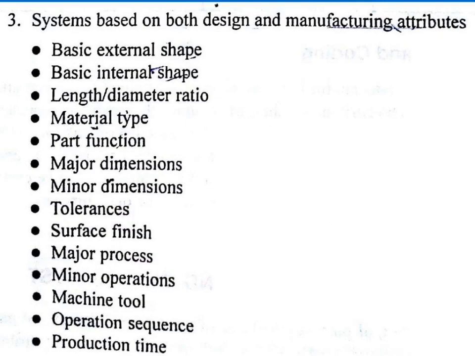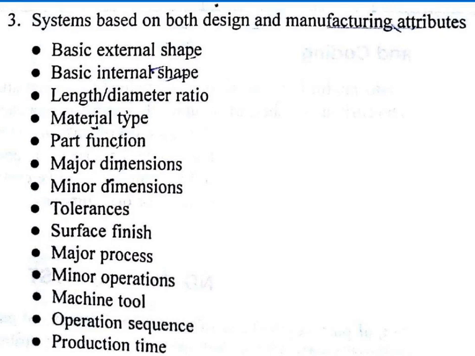So it covers all design as well as manufacturing, like basic external shape, internal shape, L by D ratio, material type, part function, major dimension, minor dimension, tolerance, surface finish. So it's counting both in that. All these three lists are there. Okay, don't confuse with that. Now we again understand by taking an example. We have three lists.